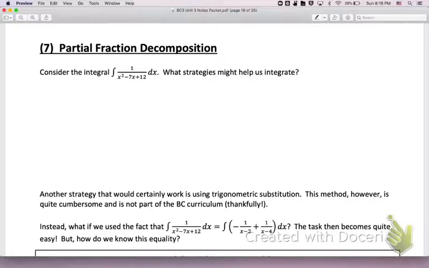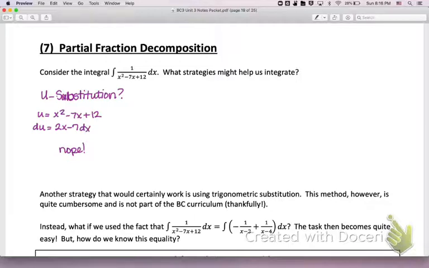So let's look at an integral like this one. The antiderivative of 1 over x squared minus 7x plus 12. Well, what are some of the strategies that we could use? We could try to use u substitution. And the only real option here is to let u be the denominator. So we get a du here that doesn't really work.